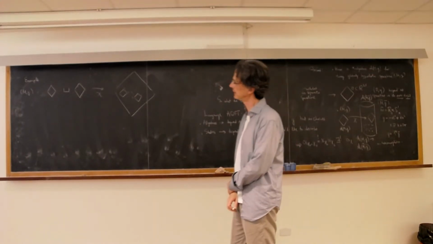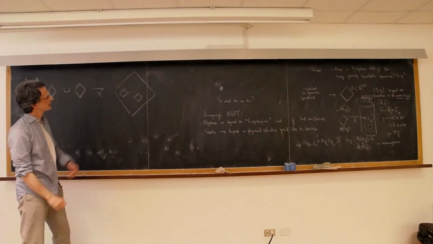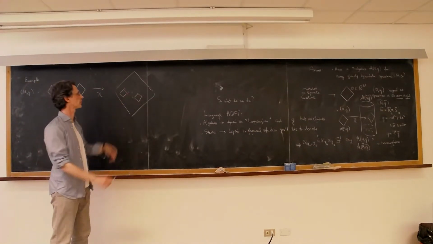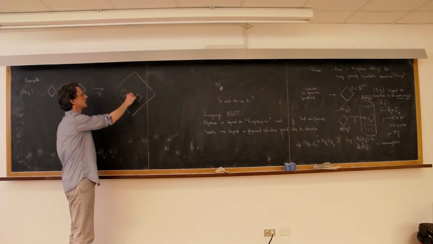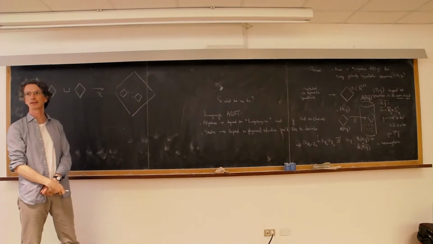So this is causality preserving if I don't create new causal curves. The fact that I don't create new causal curves means that these have to be space-like separated.